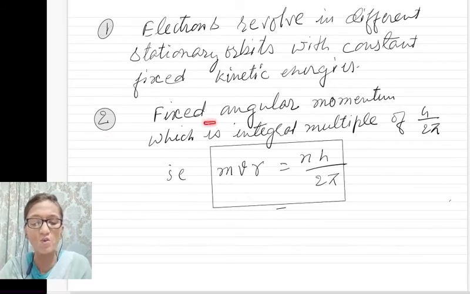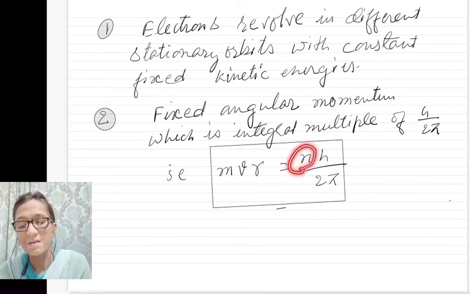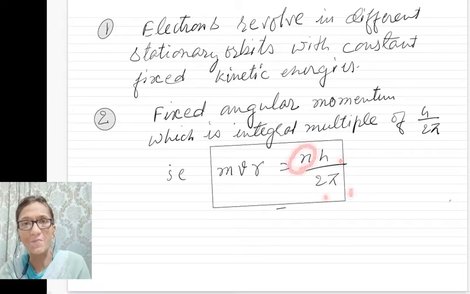Now the second postulate. In these different stationary orbits, the electron has fixed angular momentum. mvr is an integral multiple of h upon 2 pi.